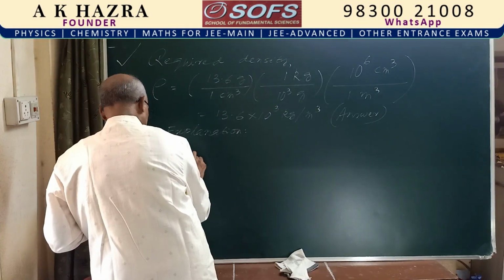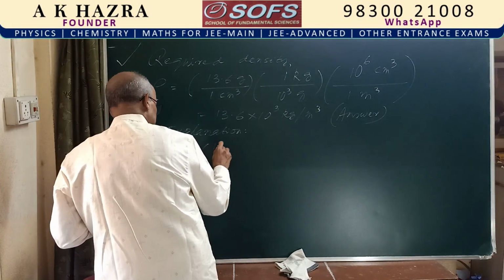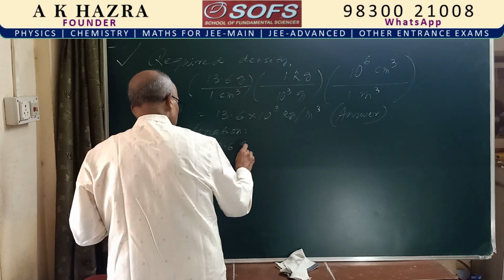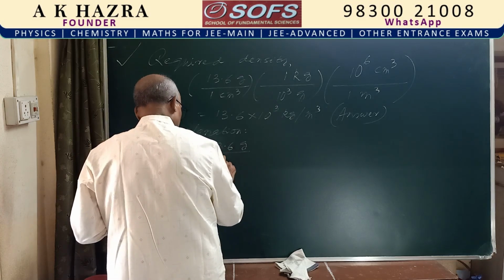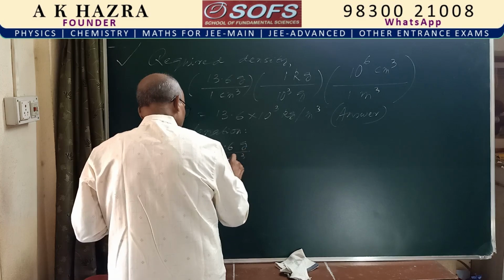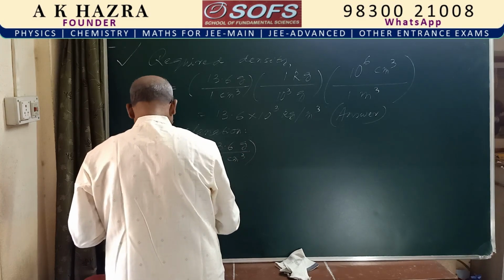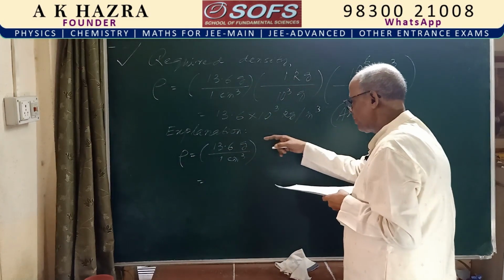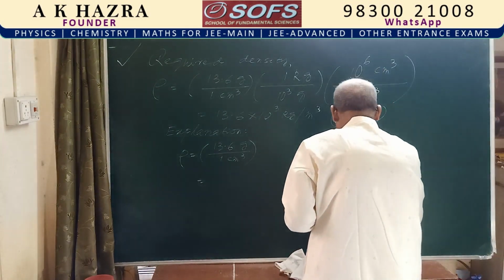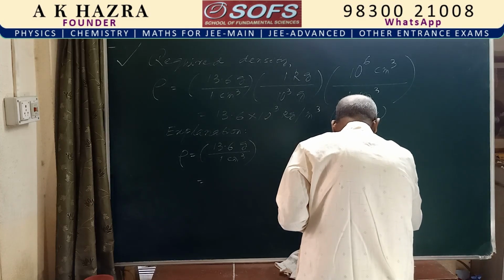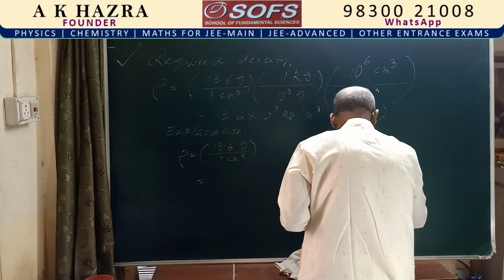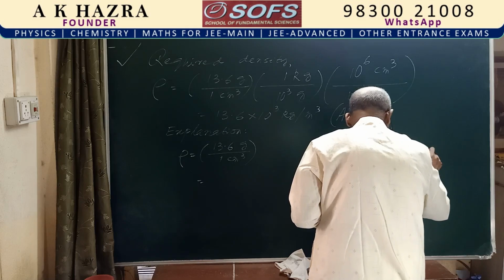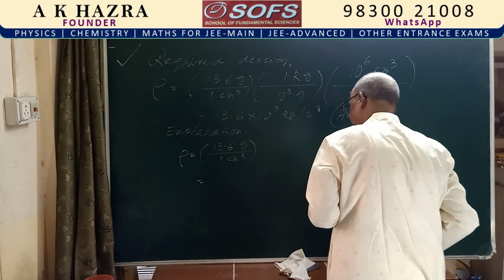Rho, density rho equals, it is given, 13.6 gram by 1 cubic centimeter. Now you see the conversion factor. We have to convert gram into kg. So what relation do we know? 10 to the power 3 gram equals 1 kg, that we know.